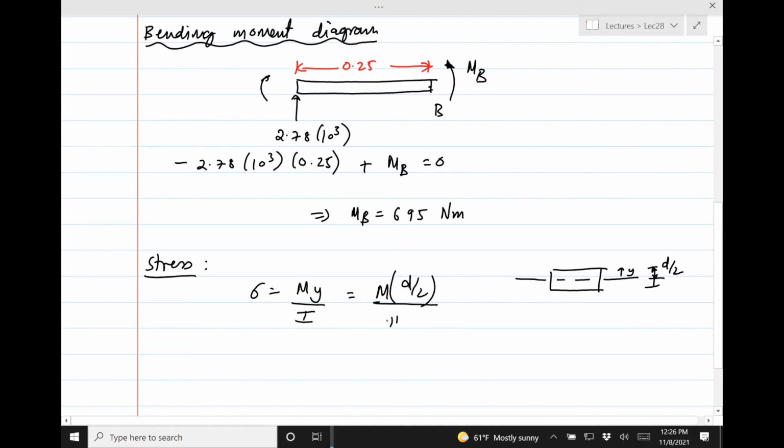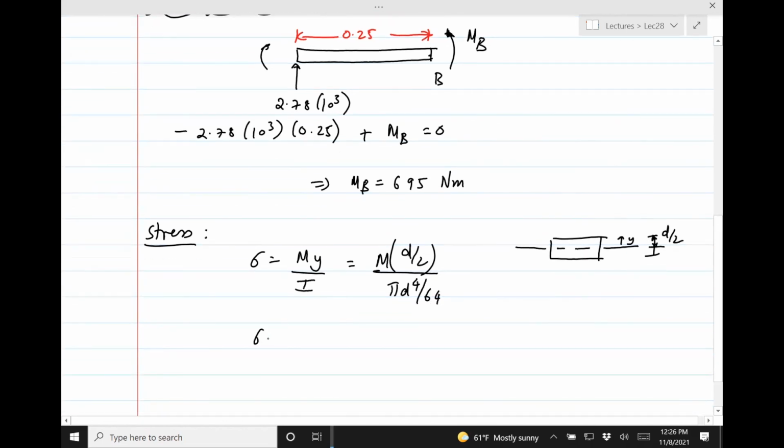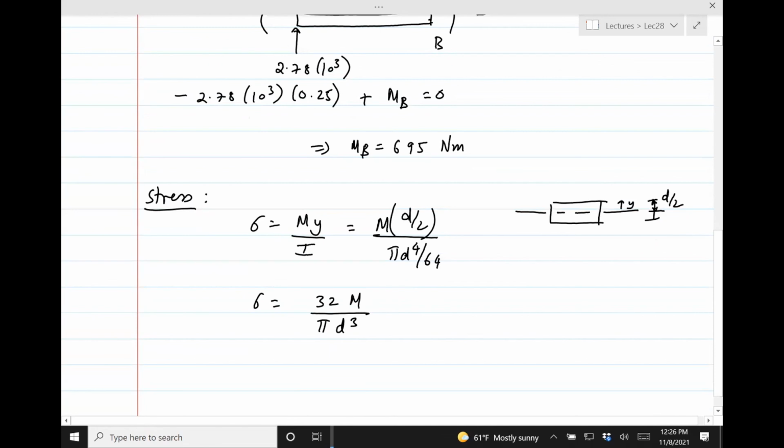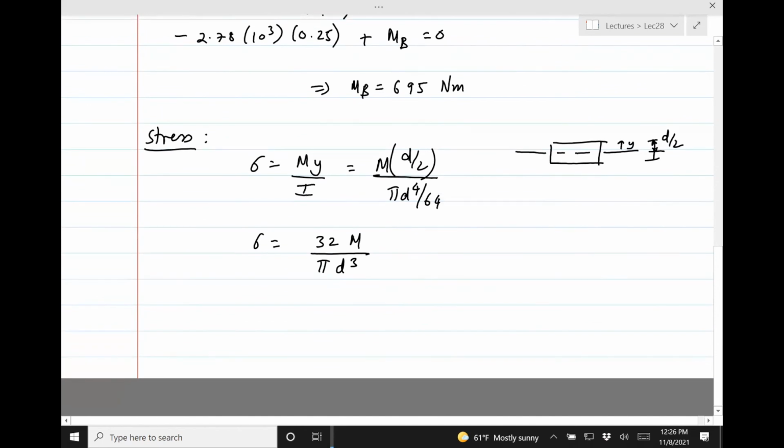It is pi d raised to 4 divided by 64. And so sigma is 32 M in the numerator and pi times d cubed. So M is 695. D, as I said, the smaller the diameter, the bigger is the stress, because as you can see, d is inversely proportional to sigma.